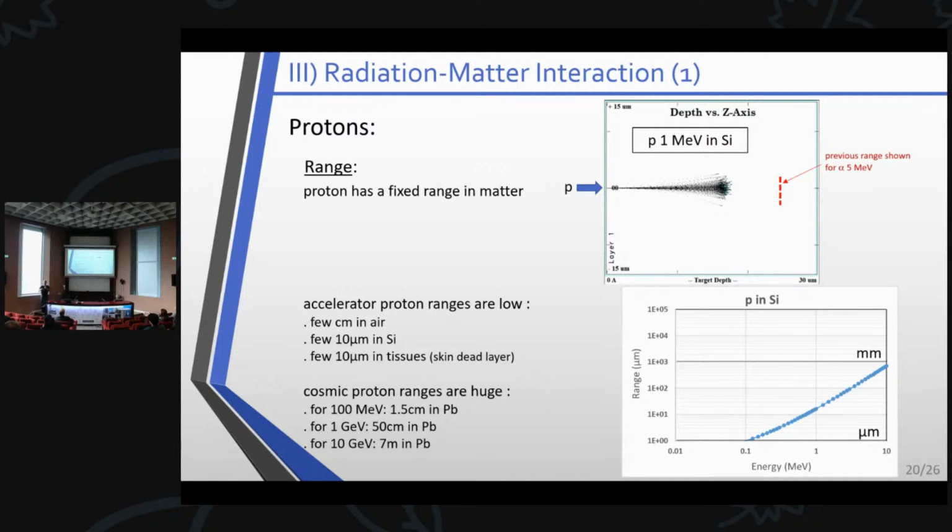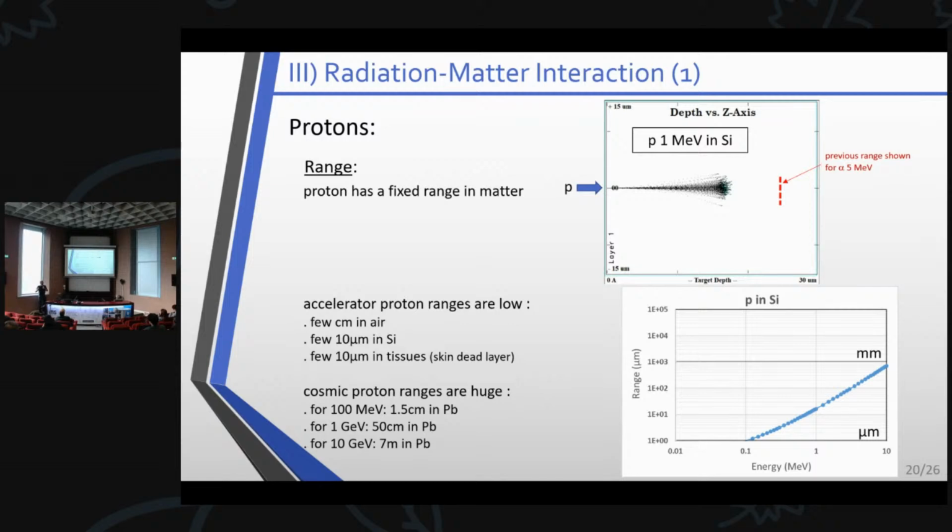But cosmic protons have ranges such that they cannot be stopped easily. For 100 MeV, it's 1.5 centimeters, but for 10 GeV, it's 7 meters of lead. Nobody will put 7 meters of lead to protect from this particle. And you have here the range depending on the energy.